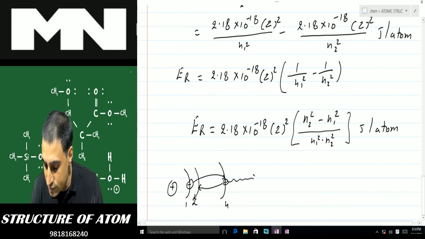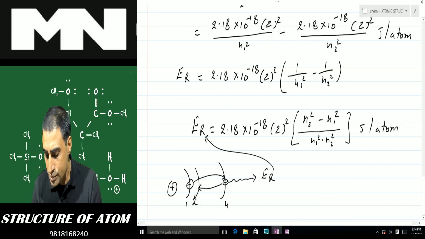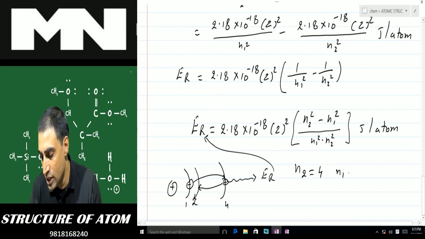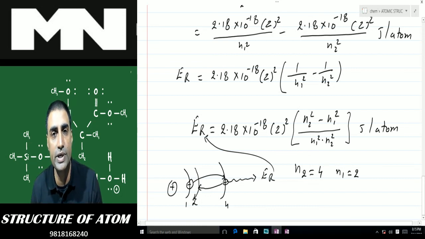Calculate the energy of the radiation that is coming out. So you have to calculate this part. Here in this case, n2 will be 4 and n1 will be 2. So you'll put these values in the above mentioned formula and you'll calculate energy of radiation.